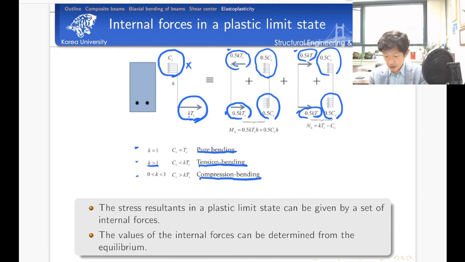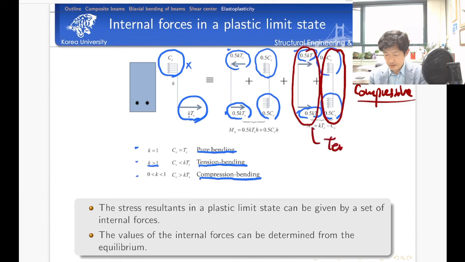Then if you look here, that produces what? That produces the compressive force, isn't it right? And then this produces what? Tensile force. And then this produces what? The bending moment produced by the compressive loading. And this moment is what?